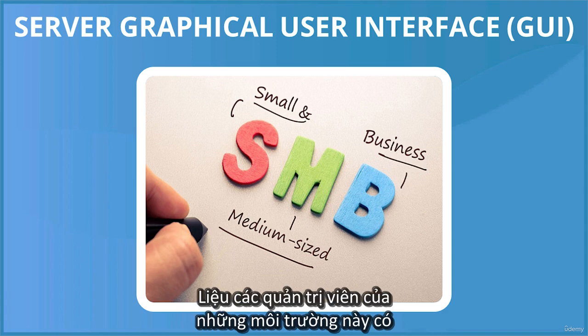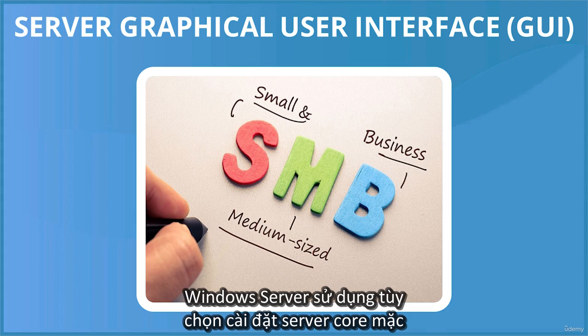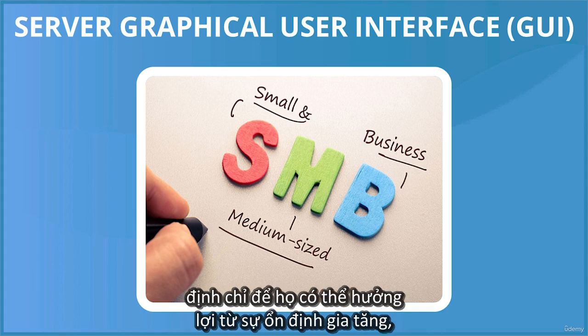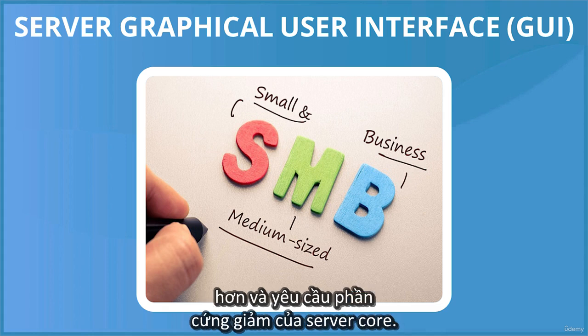Should administrators of these environments follow Microsoft's advice and deploy Windows Server using the default server core installation option, just so they can benefit from the increased stability, lower maintenance requirements, smaller attack surface, and reduced hardware requirements of server core?